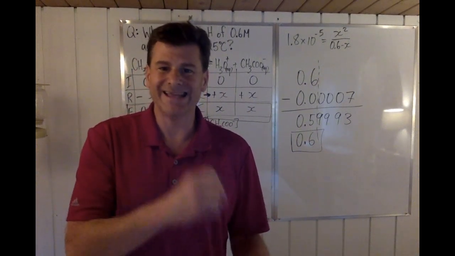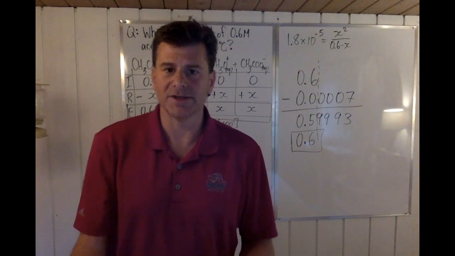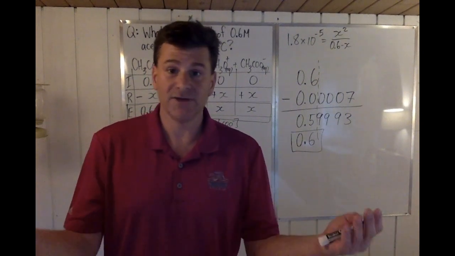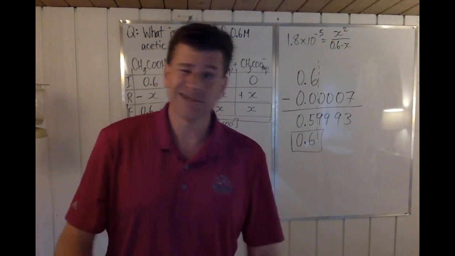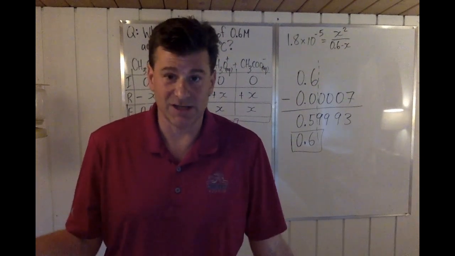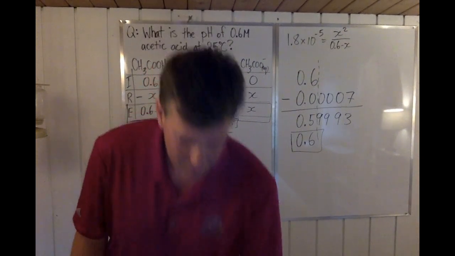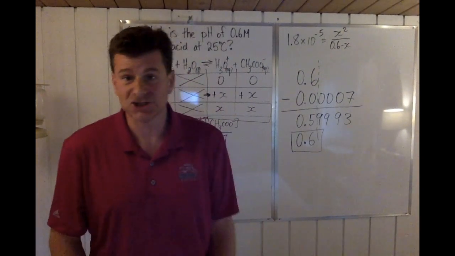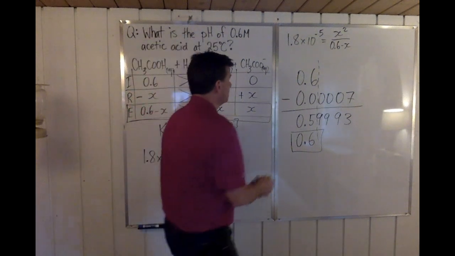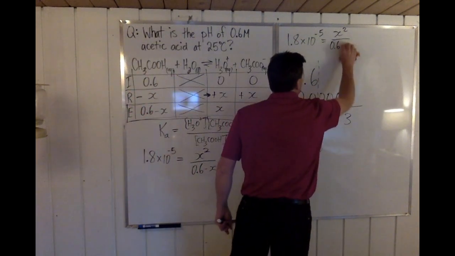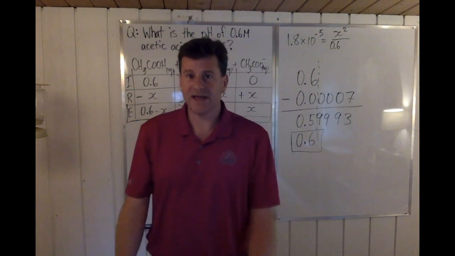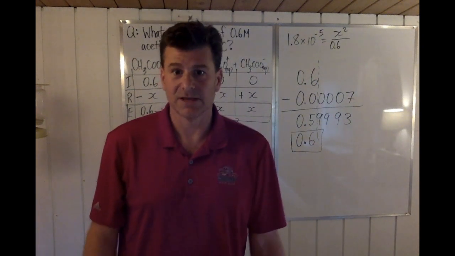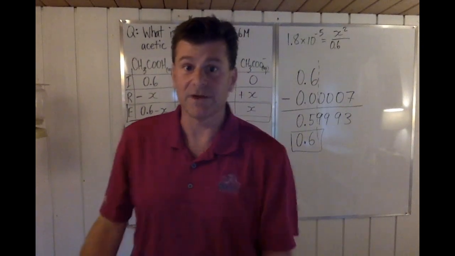Which means that the value of 0.00007 was insignificant relative to the 0.6, so who cares if you got that value anyways? You were just doing math that essentially used 0.6. Well, if you're doing math that essentially used 0.6, why even have the x in the first place? Remove the x. Get rid of it.